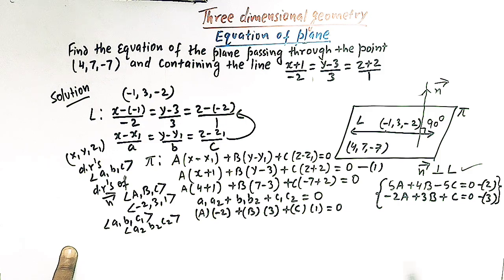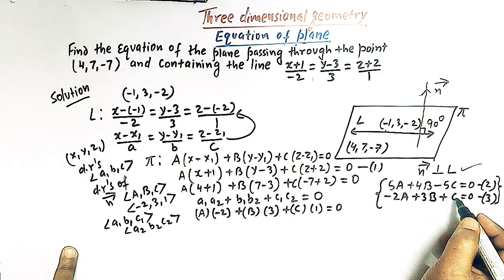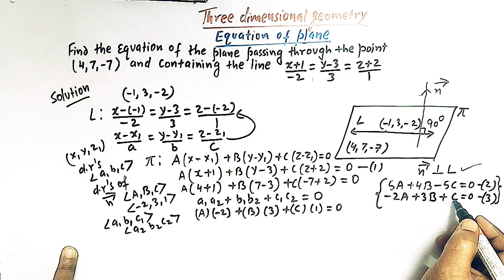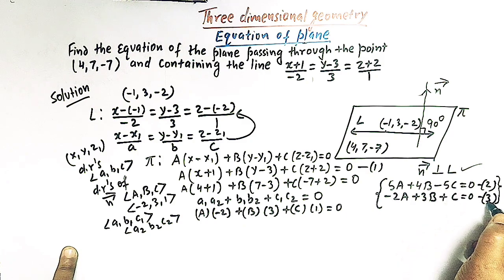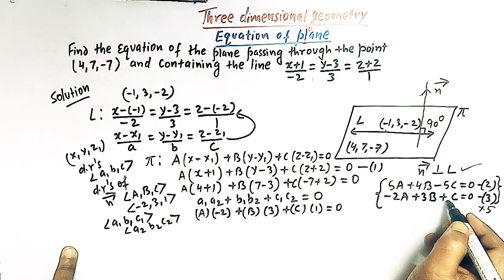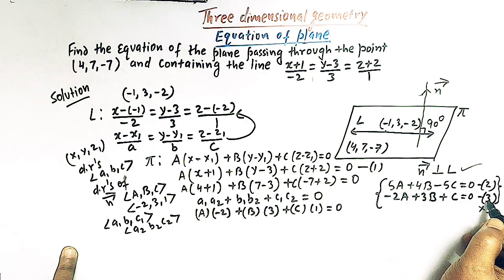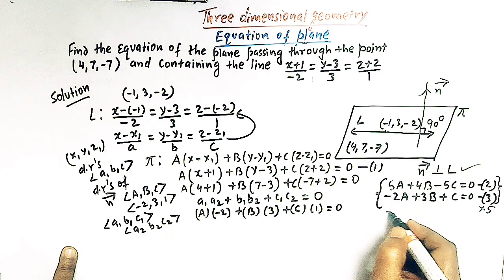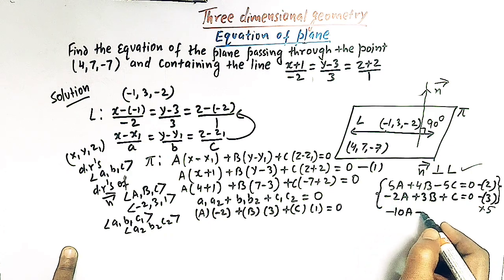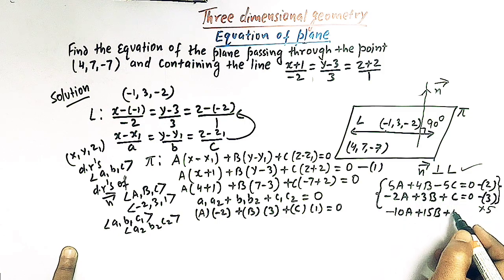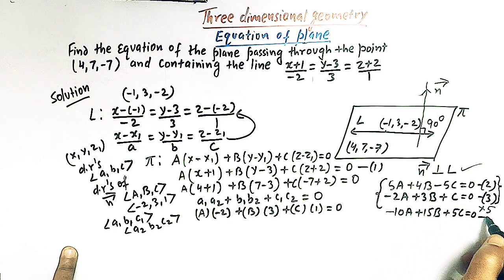Let us select variable c. Here we have minus 5c, and here we have simply c. So let us multiply equation 3 by 5, so that the coefficients of c are equal in magnitude in both equations. Multiplying equation 3 by 5, we have -10a + 15b + 5c = 0. This is equation number 4.